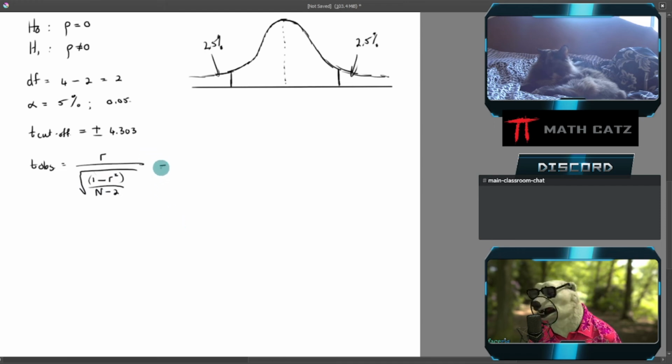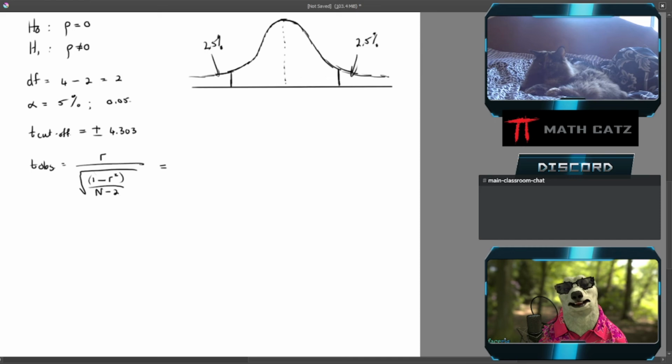So if I plug everything in, let's see what we get here. Carefully calculate that. Fraction first. So what is my r? I've used rounded numbers every time, so there's no reason to stop now and do negative 0.98 divided by something much scarier looking, the square root of, first one, 1 minus the correlation coefficient squared.